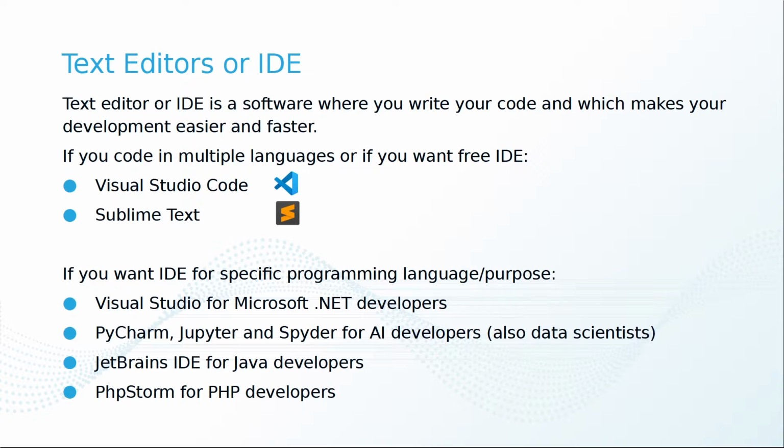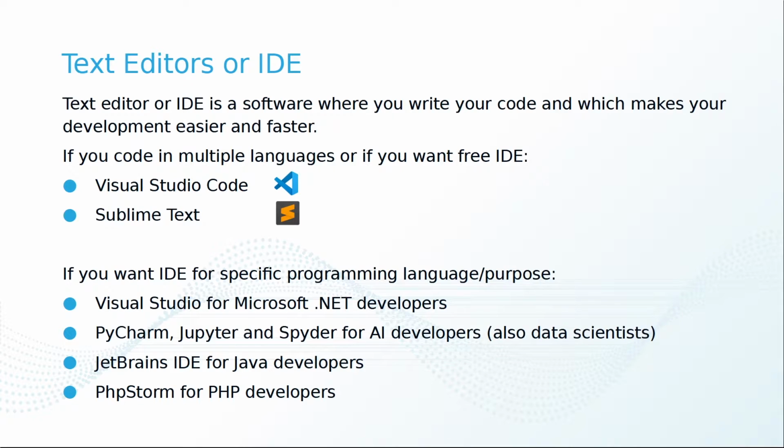And an IDE is a more sophisticated version of these text editors. They have more features like debuggers, and they are built for specific applications. For example, Microsoft Visual Studio is developed for .NET based software and languages, like C# and Visual Basic .NET, by Microsoft for .NET developers.